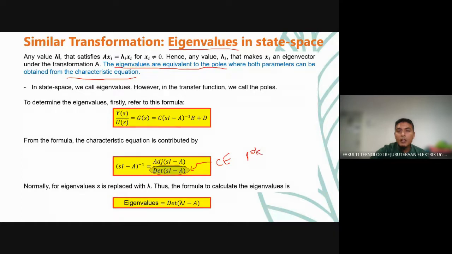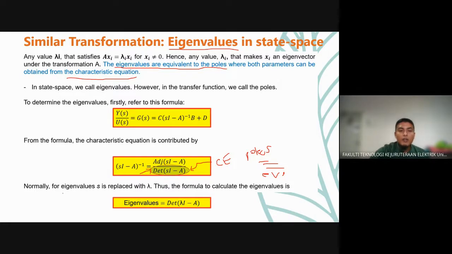For the eigenvalues, because the poles are actually similar to the eigenvalues, you just use the same information.